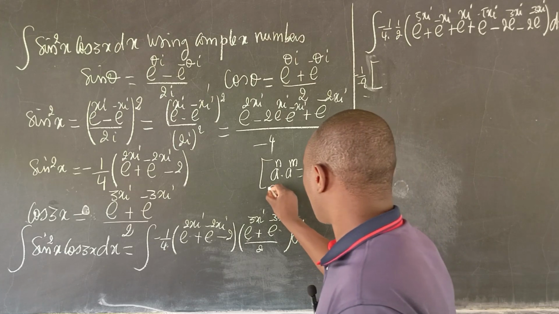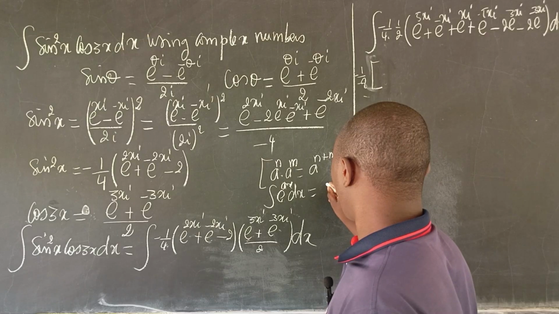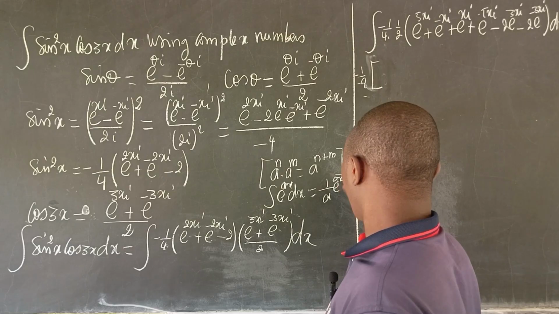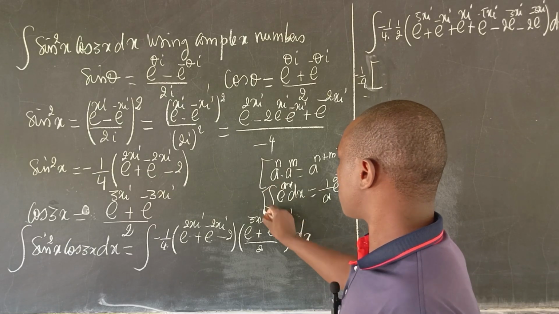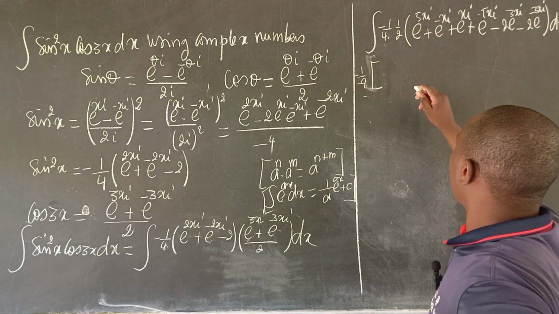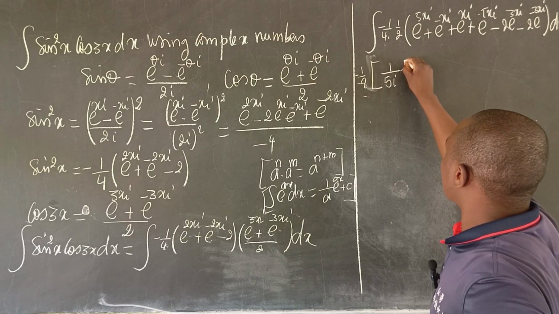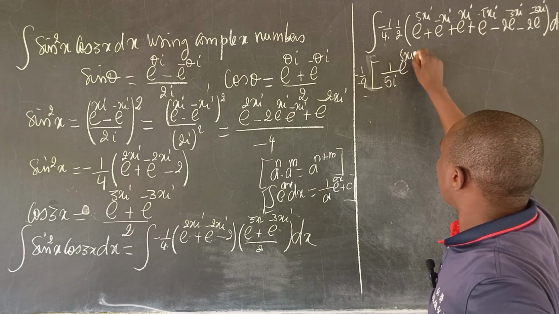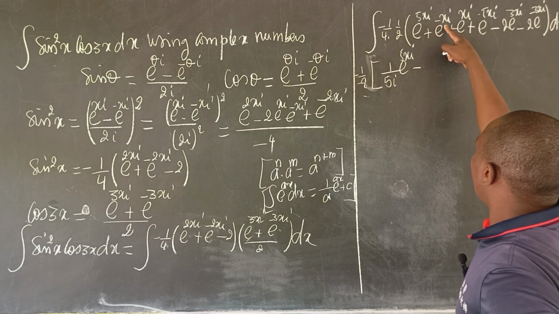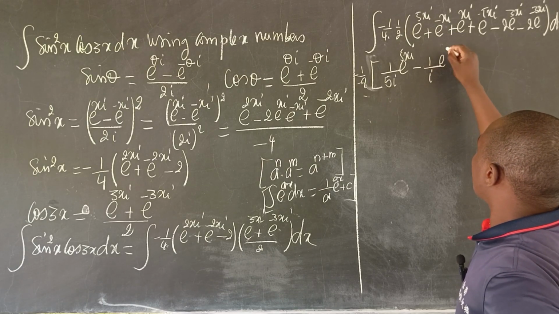Remember, an integral of exponential of ax dx is equal to 1 over a times exponential of ax, then adding a constant. As you see, here we'll be having 1 over 5i times exponential of 5xi minus, here will be only minus, we have 1 over i times exponential of minus xi.